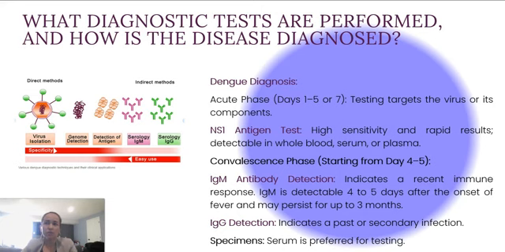Viral culture using mosquito cells, C6/36, or mammalian cells, confirms the infection by isolating the virus, but is time-consuming and used primarily in research settings. In summary, if the infection is very recent, 1-3 days, the NS1 test is the most appropriate, whereas after the first week, IgM is sought.